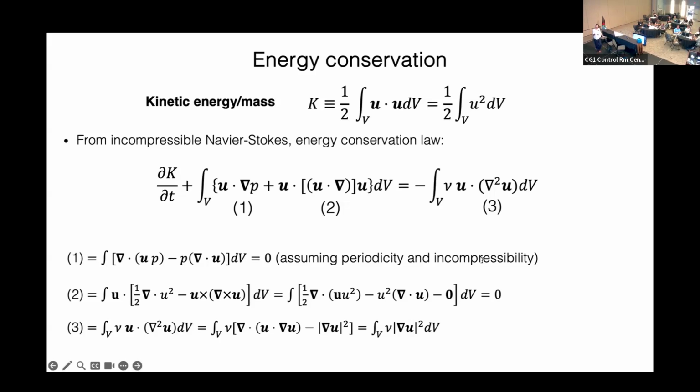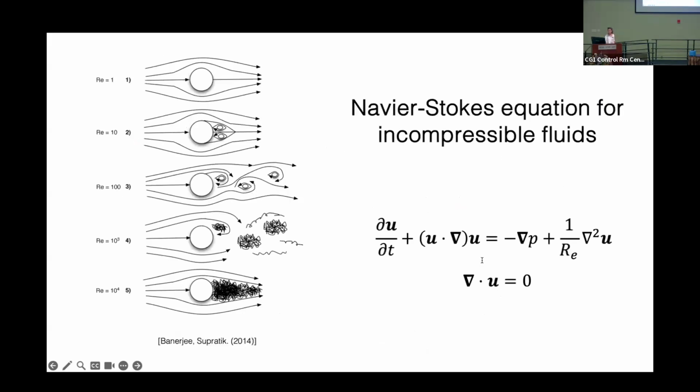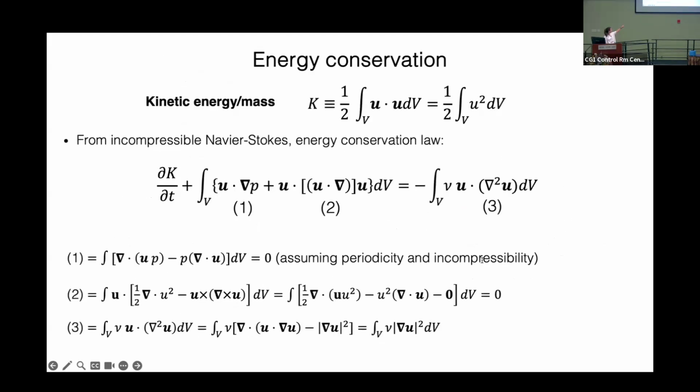To get a conservation law for this quantity, you take the dot product of your Navier-Stokes equation with u. You end up with dK/dt having three contributions. On the right-hand side is the contribution from dissipation, and then contributions 1 and 2: 1 comes from the pressure forces, and 2 is for the nonlinear advection term.